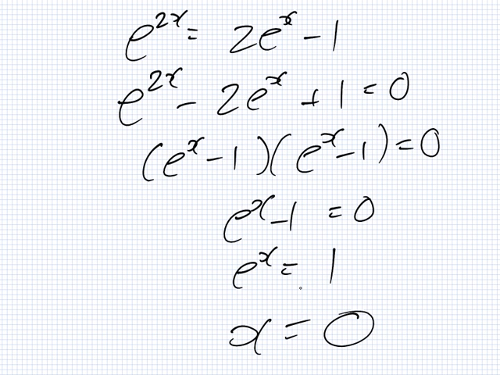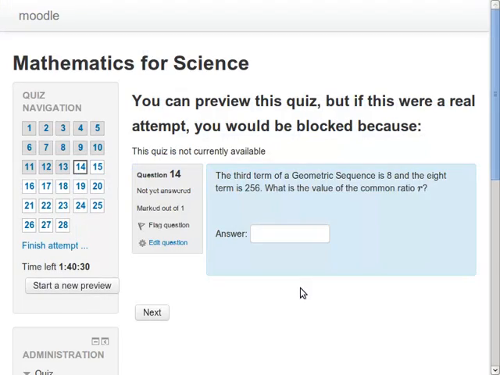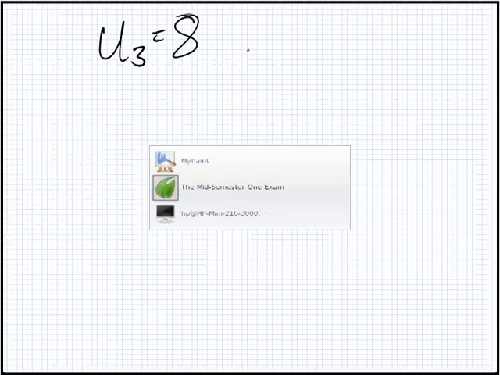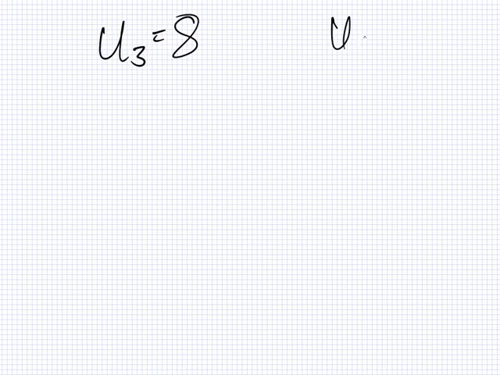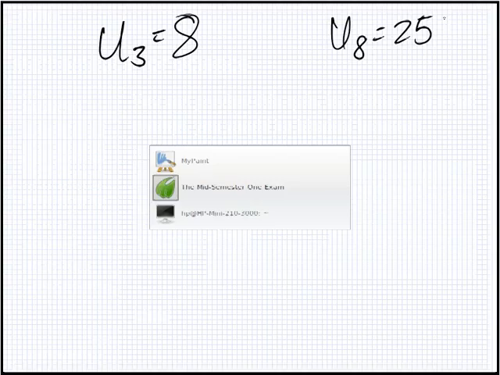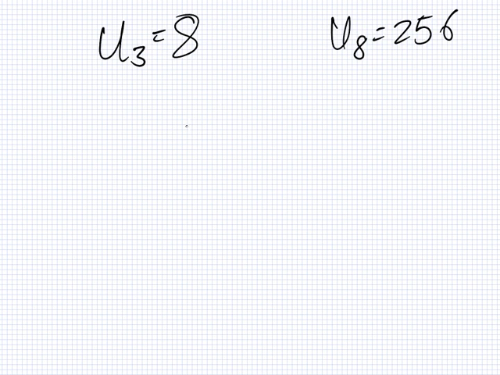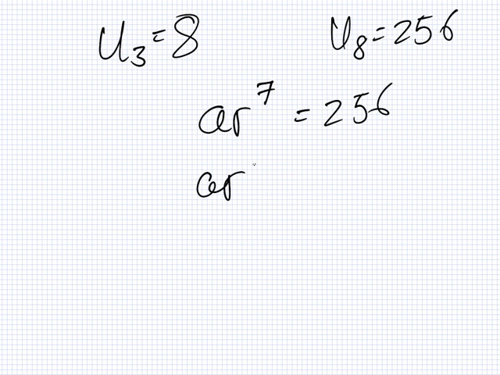Okay, next one. The third term, this is the one where the answer is wrong and I fixed it. The third term in a geometric sequence was 8 and the 8th term was 256. So you know that ar^7 equals 256 and ar^2 equals 8.